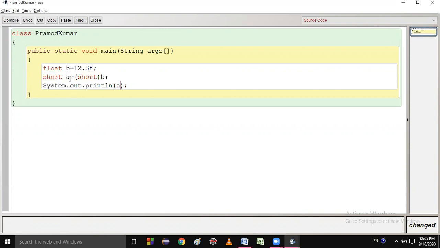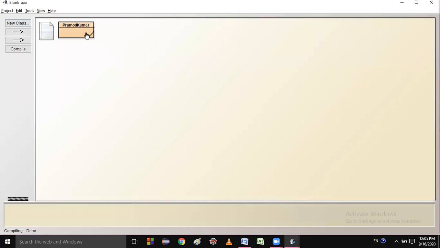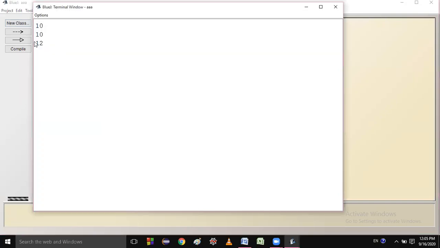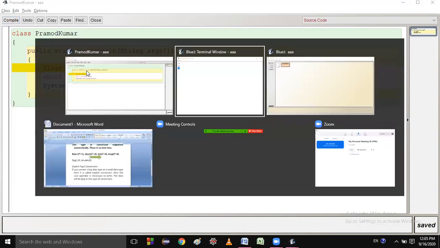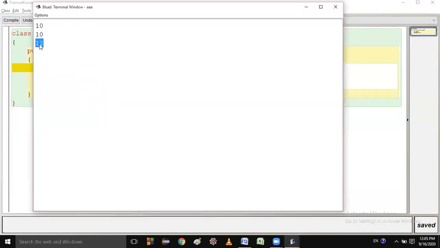So if this 12.3 is converted to short and I am printing this a, let me show you what happened. No syntax error. Let me run this. Can you see this? I had 12.3, and right now I am getting the answer 12.